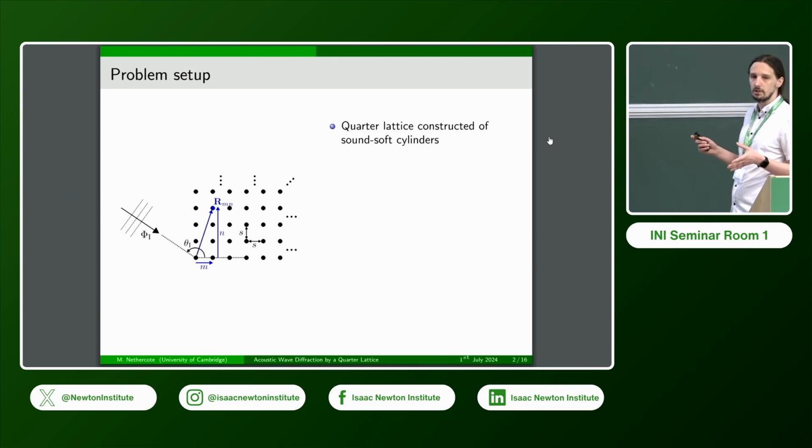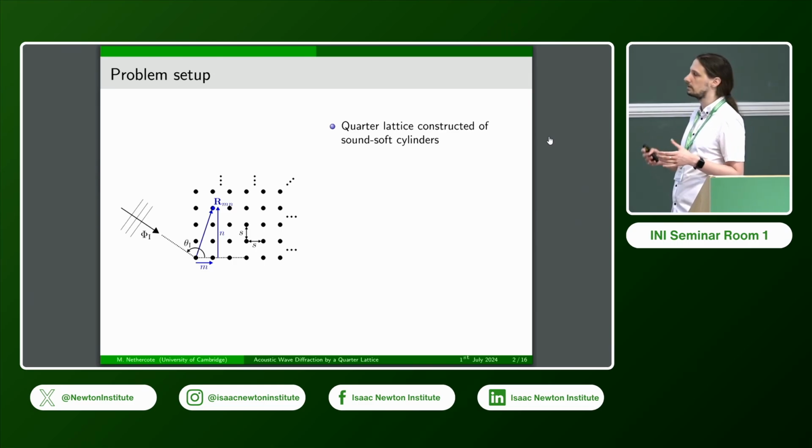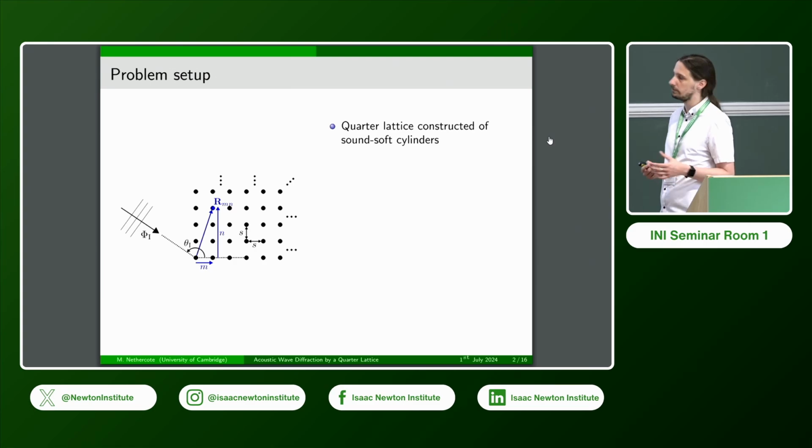The scatterers are also equally spaced, so this quarter lattice is also a square lattice. We're looking to solve for the acoustic pressure field, and the scatterers themselves, in 3 dimensions, are infinitely tall sound-soft cylinders. So we're going to have Dirichlet boundary conditions.